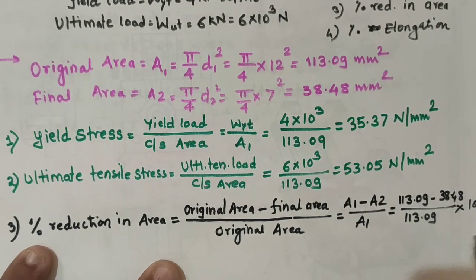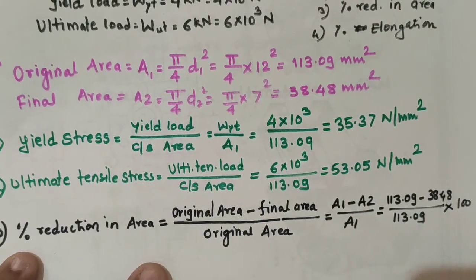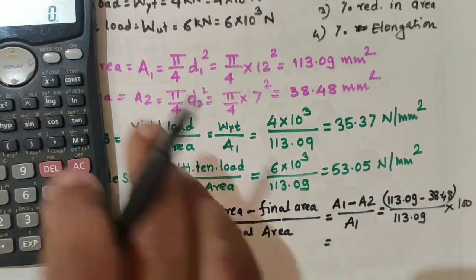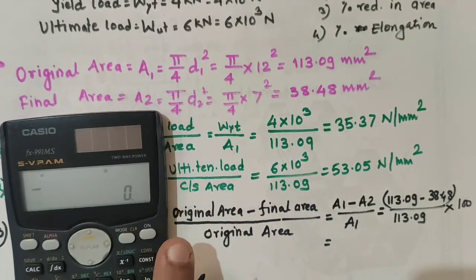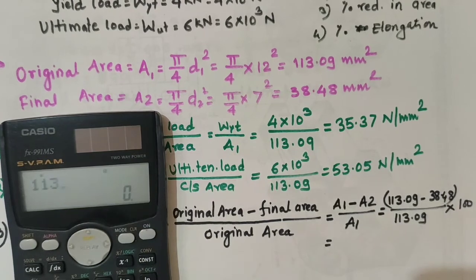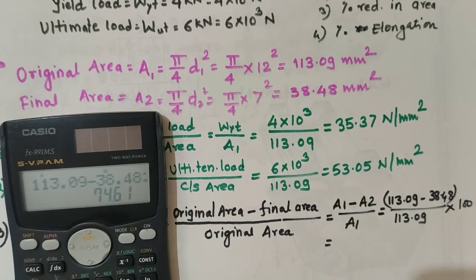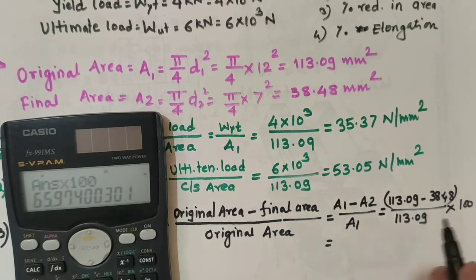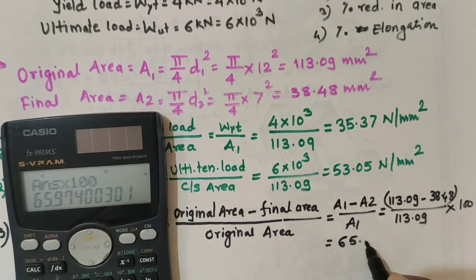So by calculating, the reduction is 113.09 minus 38.48 upon 113.09 into 100. So we'll get 65.97% reduction in area.